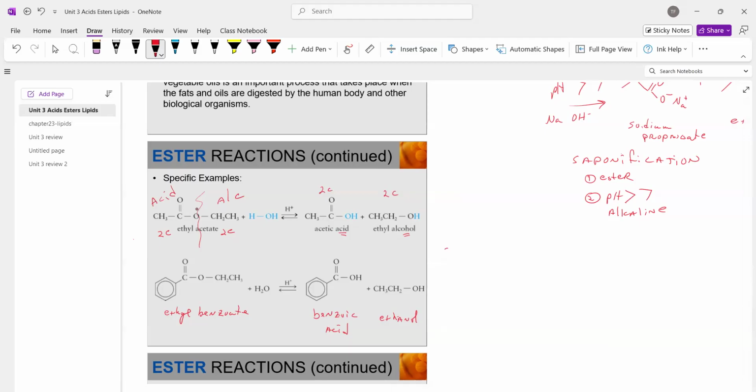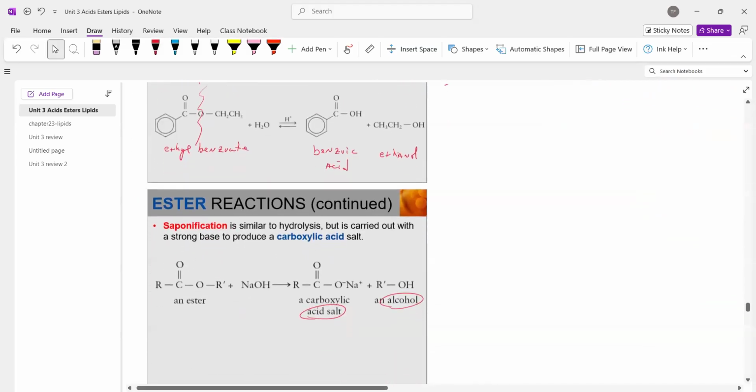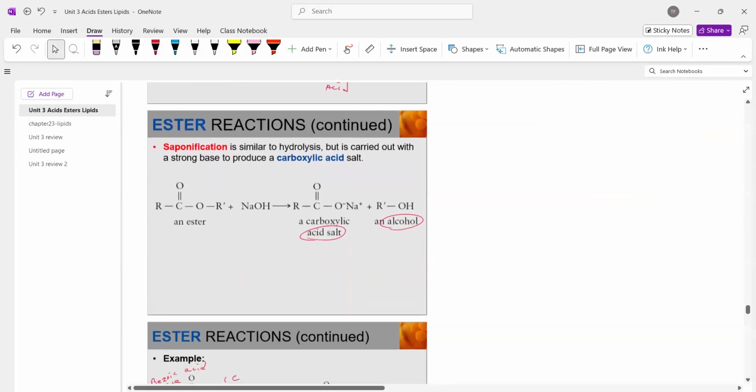For example, we have ethyl benzoate, so we get benzoic acid and ethanol. If it's an alkaline condition, the process is called saponification.